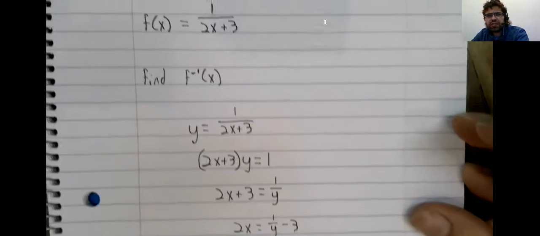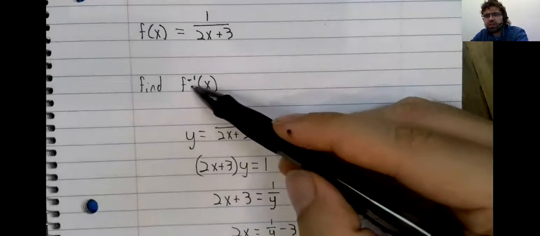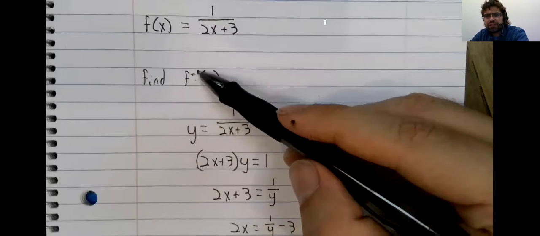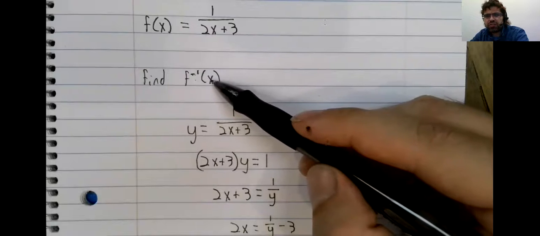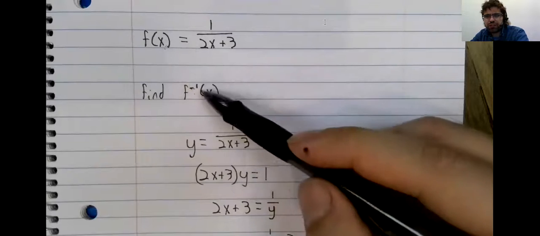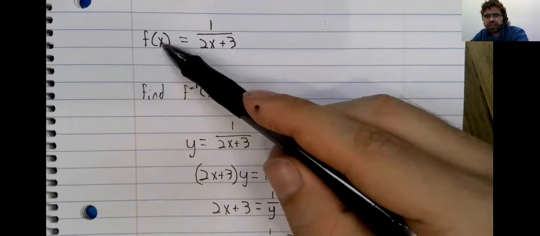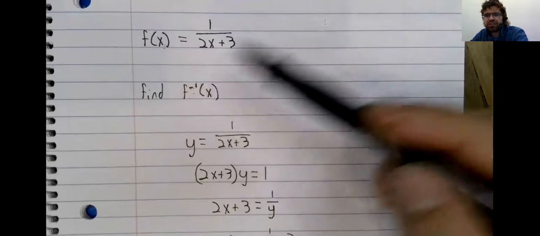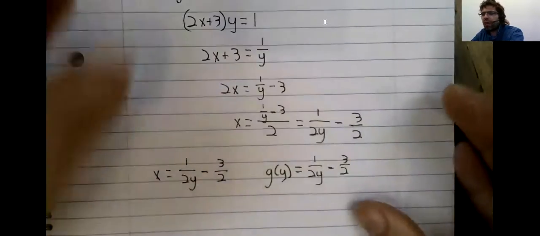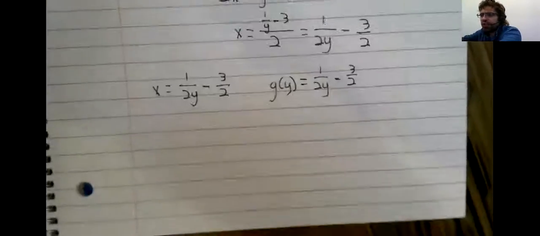That's fine as far as it goes, but f inverse should have the same variable as the original function, x here, x here. It shouldn't have y as its variable.